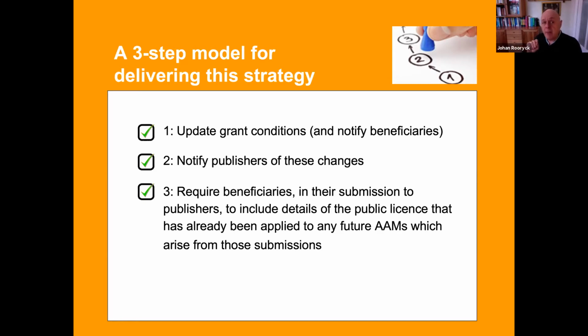And on the other hand, by the individual authors, because of course, publishers cannot know which authors are funded by which organizations. The authors themselves will have to stipulate in each of their submissions that the AAM arising from this submission will have a CC BY license attached to it without embargo. Those two steps are crucial in the strategy.